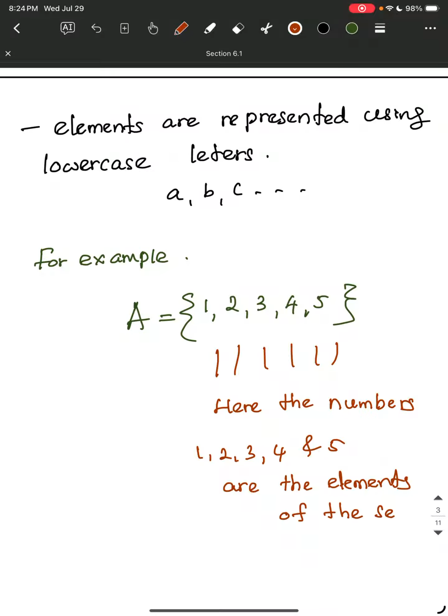Okay, then let's go for the notation, the membership notation first. So we use two important symbols during Chapter 6.